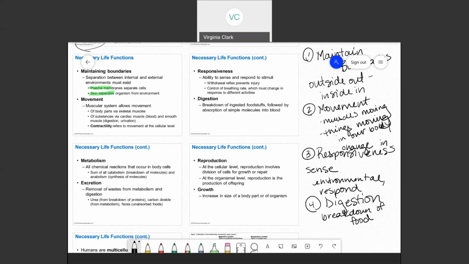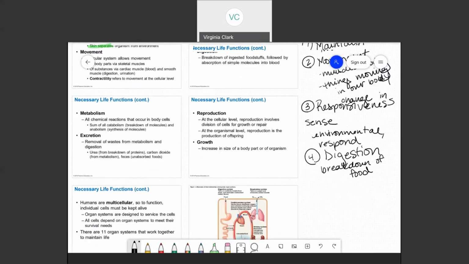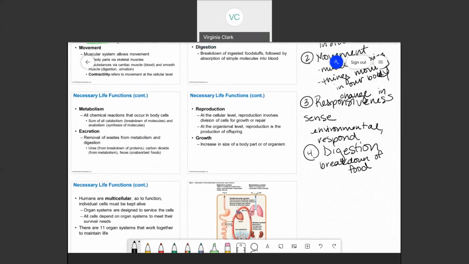We do this on a small scale in our cells, where they digest nutrients, and also on a large scale when you eat dinner. You are digesting your nutrients and breaking them down.